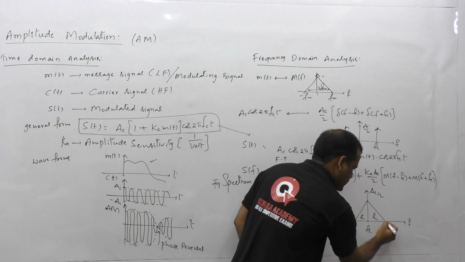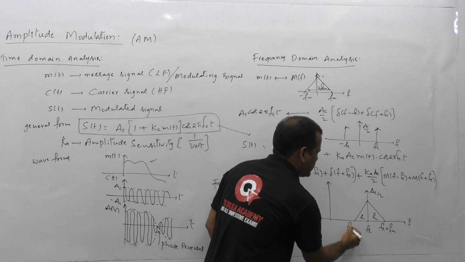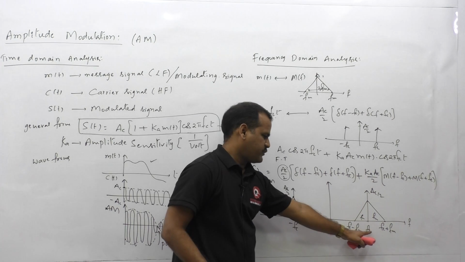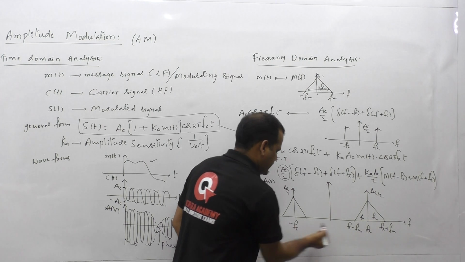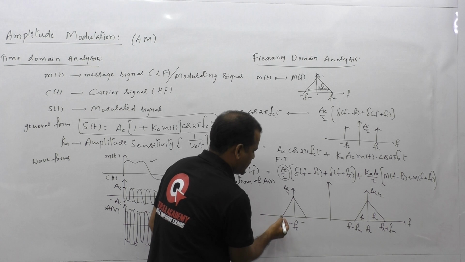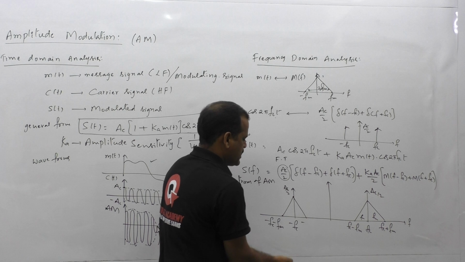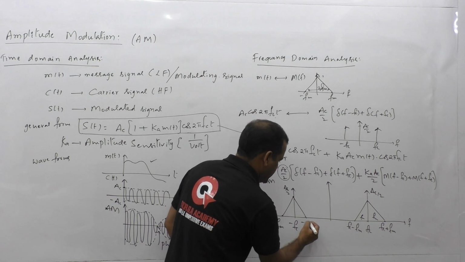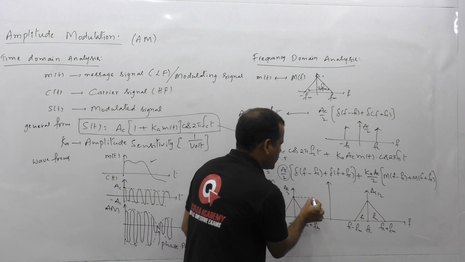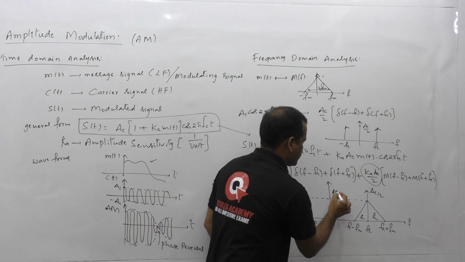We will get the frequency component fc plus fm and the frequency component fc minus fm. Similarly, there should be the reflection of these frequency components, that means the reflection of fc, minus fc, and the reflection of fc plus fm, the highest frequency component reflection, that is minus fc minus fm, and this component is the reflection of this one, that is minus fc plus fm, and this amplitude, if you observe, is Ka AC by 2.